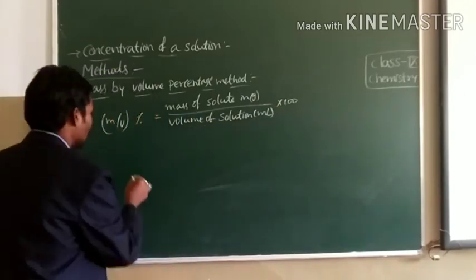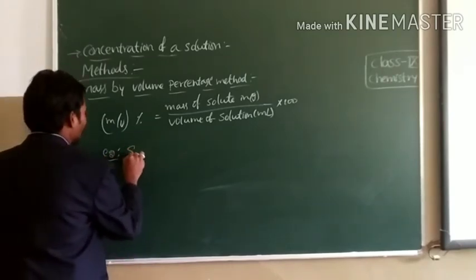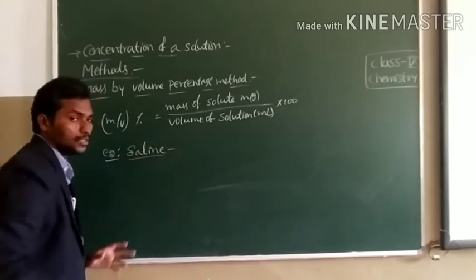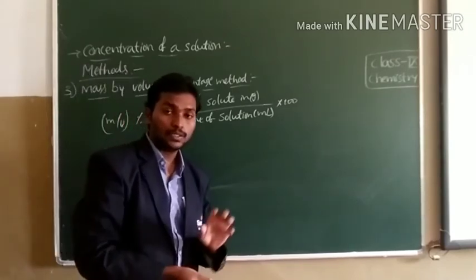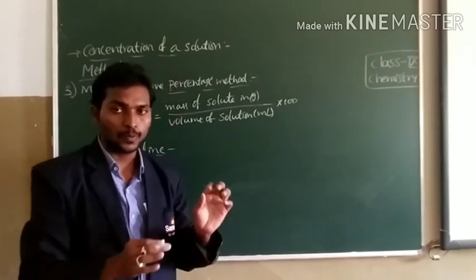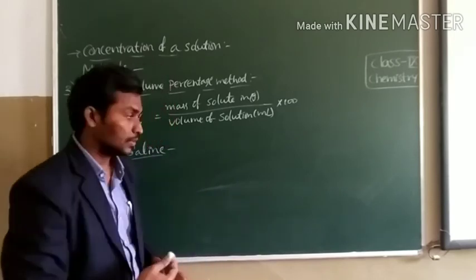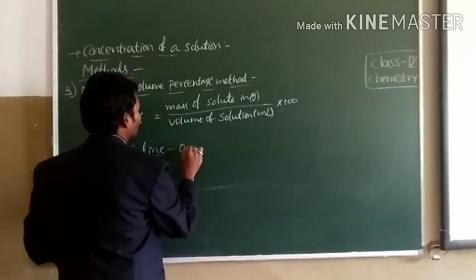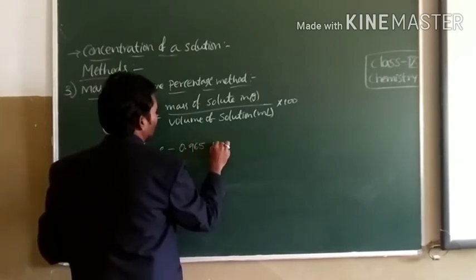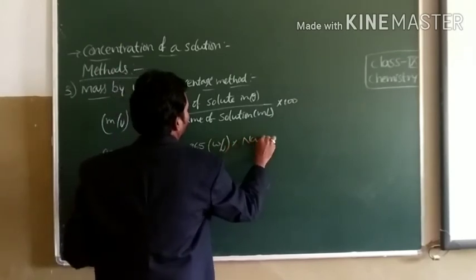For example, if you want to prepare saline, what do you mean by saline? Saline is nothing but salt water. But we must maintain the proper concentration of sodium chloride in water. Saline contains 0.965 weight by volume percent of NaCl solution.